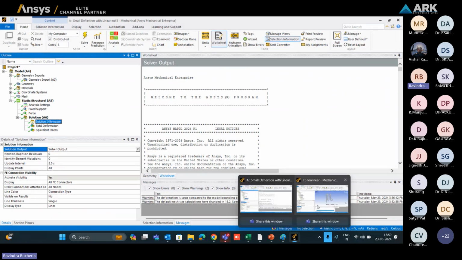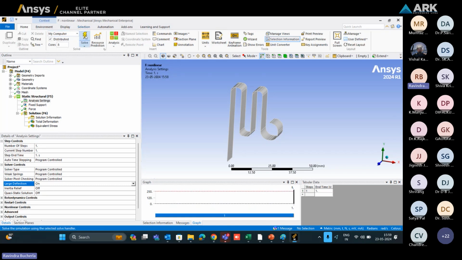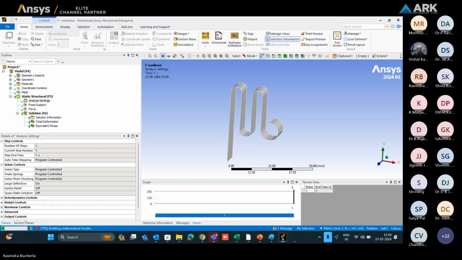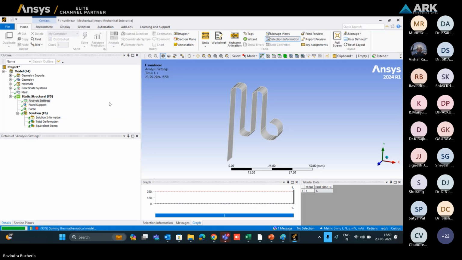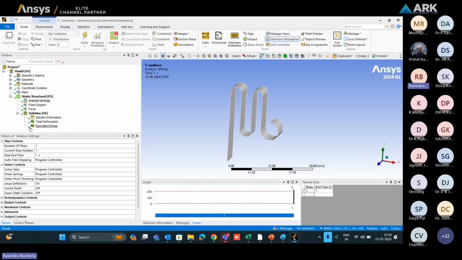Okay, so let's solve this problem after enabling large deflection on. Yeah, so it is solved.